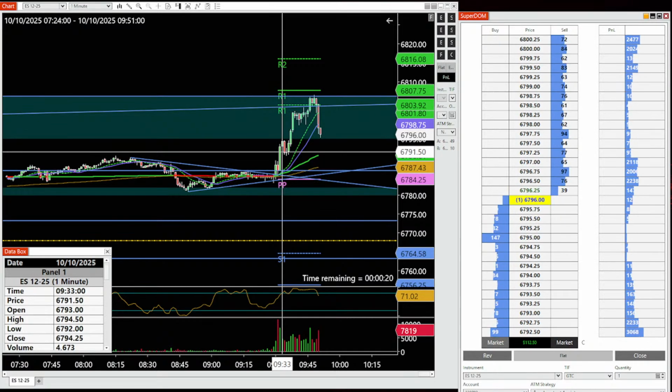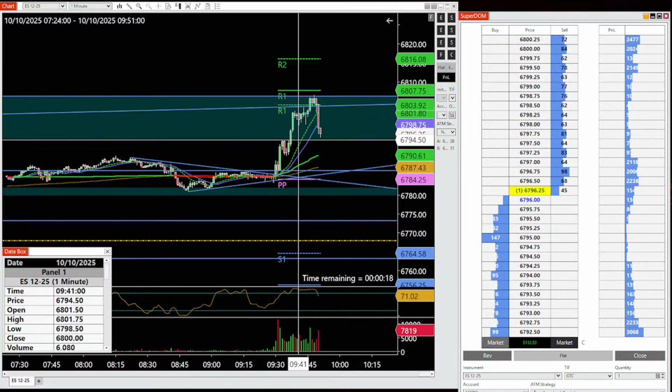Like we may go back down to 92 area. See if we hold this 95.